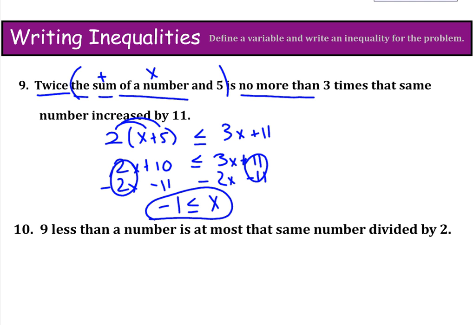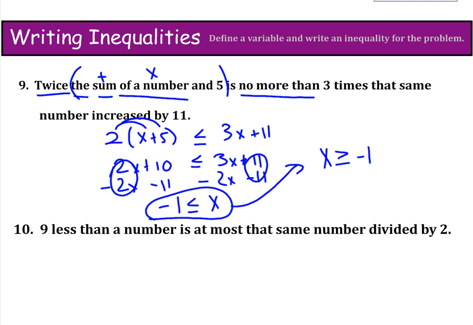So negative 1 is less than or equal to x. If you want to change that around, that's fine, but you just got to remember that the arrow's got to switch with it. So if I move x to the left and negative 1 to the right, the direction of the arrow's got to come with it. The arrow's got to stay pointed in the same direction.